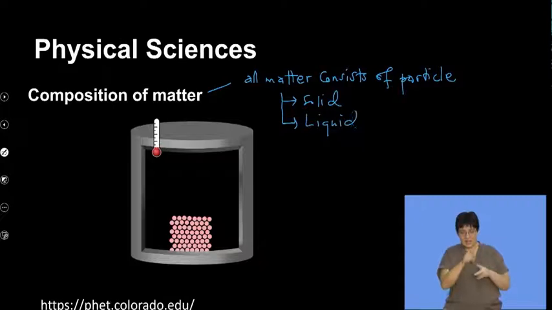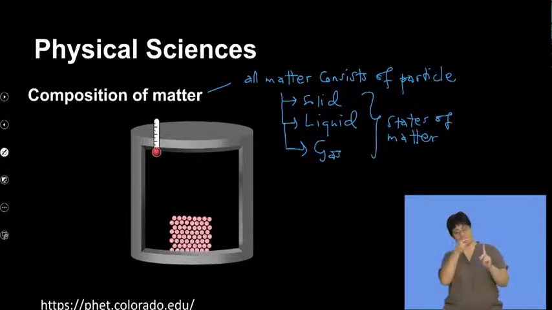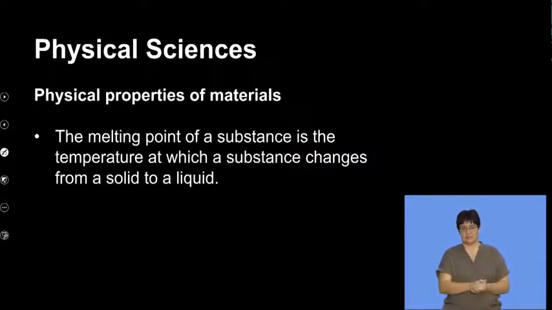It could also be a gas, all right? So these are the three states or forms of matter. So we'll describe this as the state of matter, or refer to it as states of matter, right? So that's the main point that we're trying to drive home, right? Okay, moving along.